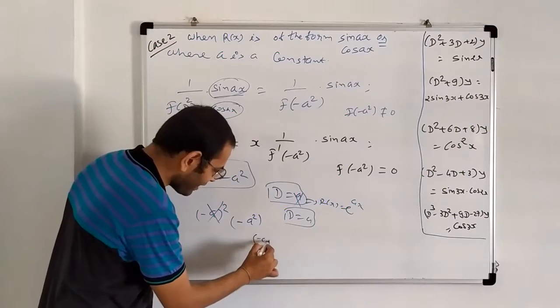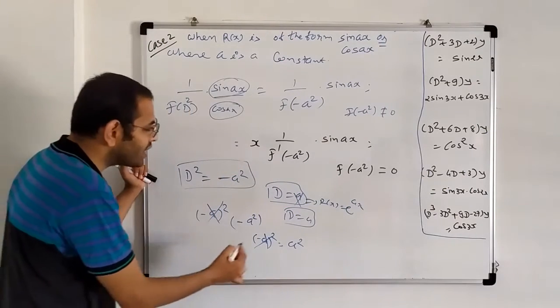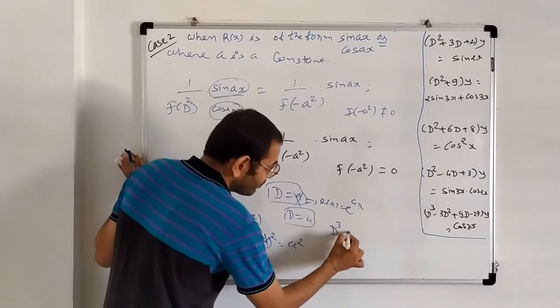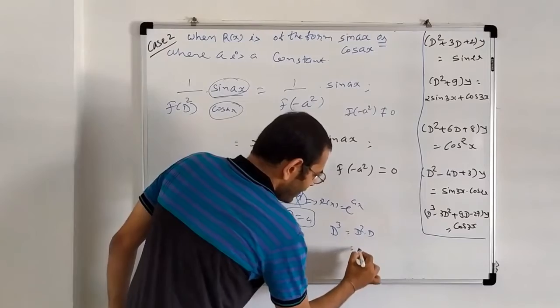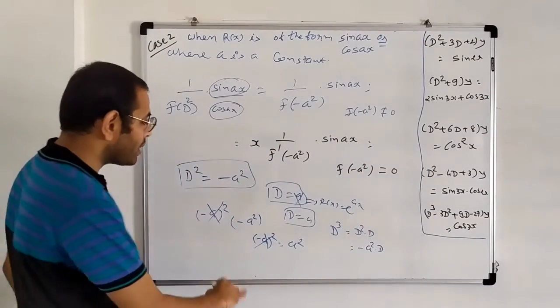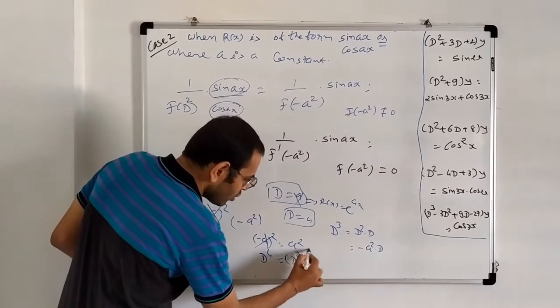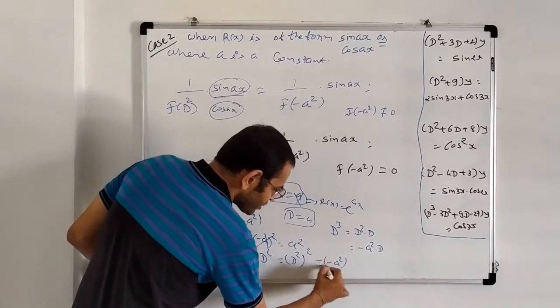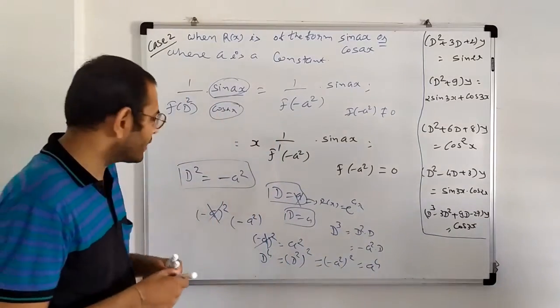We cannot write minus a whole square, because that becomes a square. Suppose we have D cube, then we convert it into D square times D, so we write minus a square into D. Suppose we have D raised to 4, then we write D square whole square, then minus a square whole square, which becomes a raised to 4.